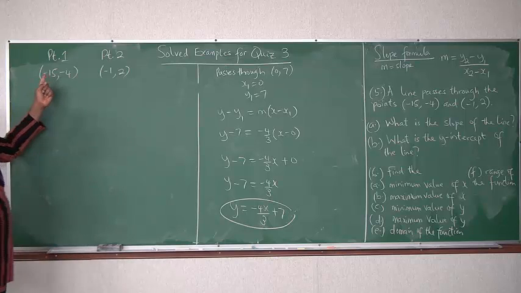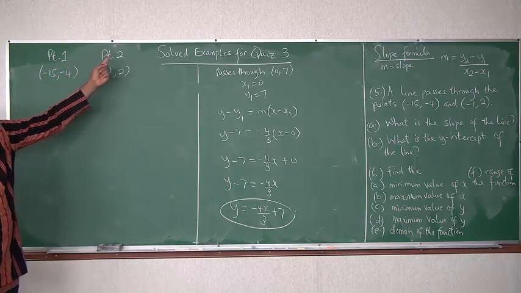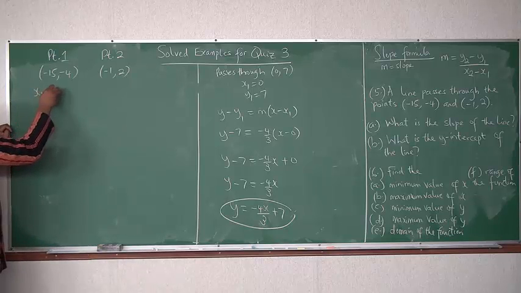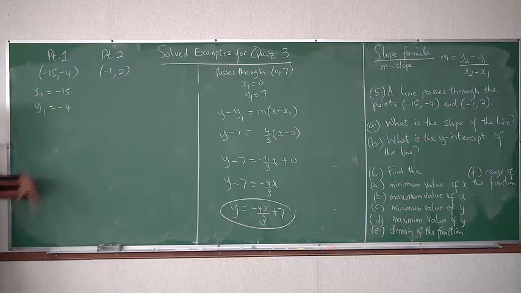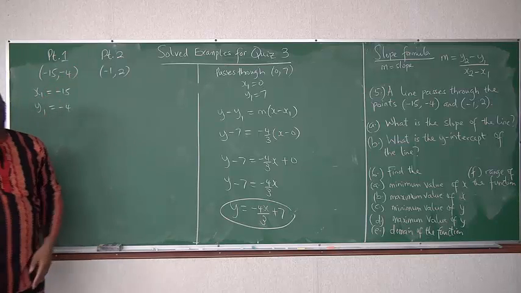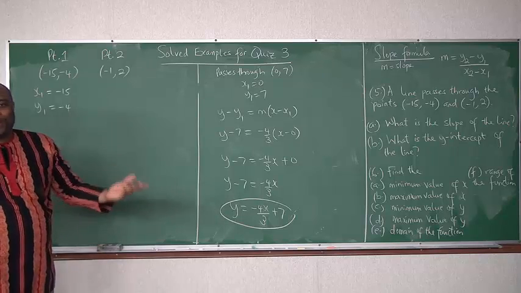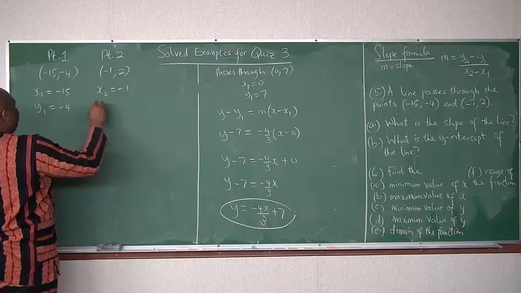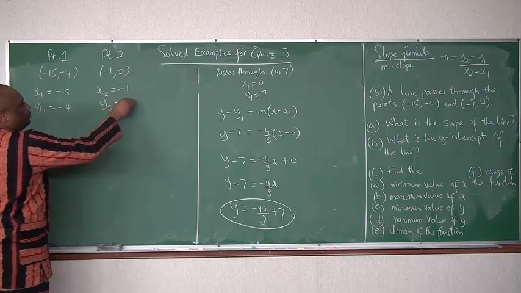Some students will write x1, y1, x2, y2. That is fine. Point 1 is that x1 is negative 15, y1 is negative 4. If we had point 3, it will be x3, y3. If we had point 4, it will be x4, y4. Point 2, x2 is negative 1, y2 is 2.